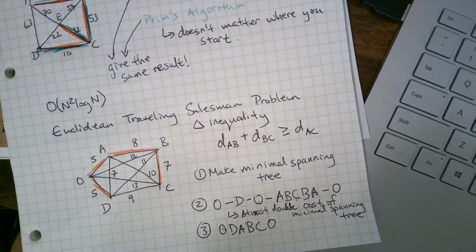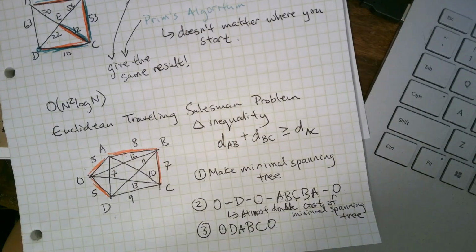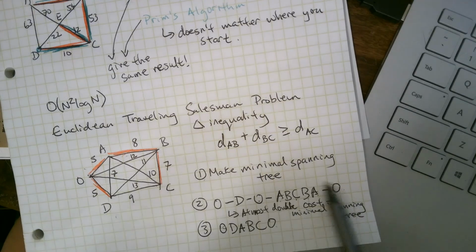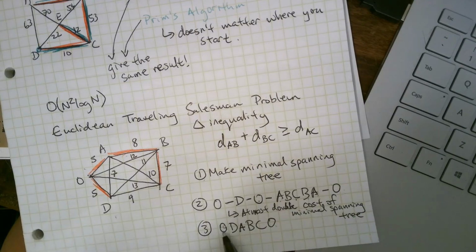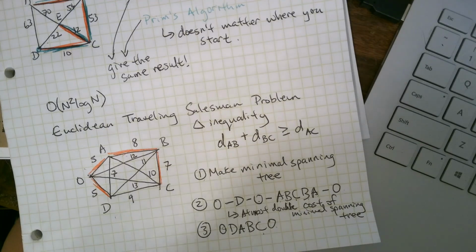Well, the solution to the traveling salesman problem has to be at most the cost of the minimal spanning tree. In fact, it's going to be more. So this path is at most double the cost of the minimal spanning tree. This one's equal to or shorter than it, so it's at most double the cost of the minimal spanning tree. So we have found a solution to the traveling salesman problem that is at worst twice the minimal cost.